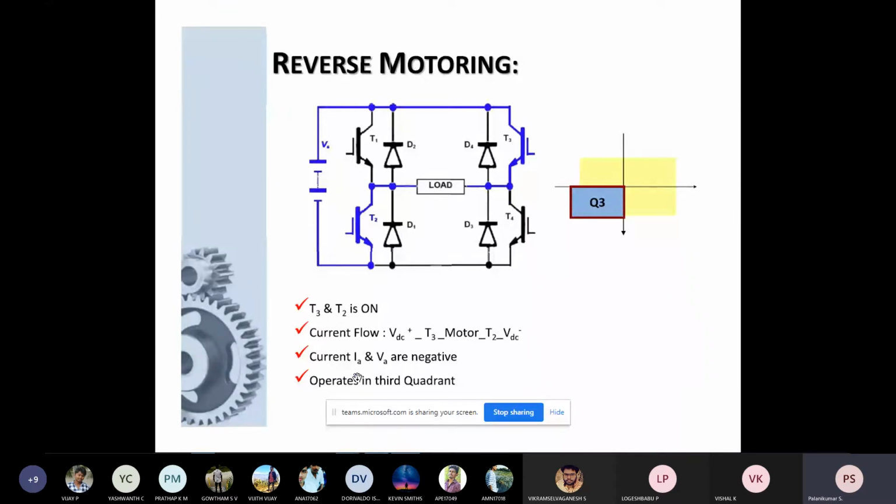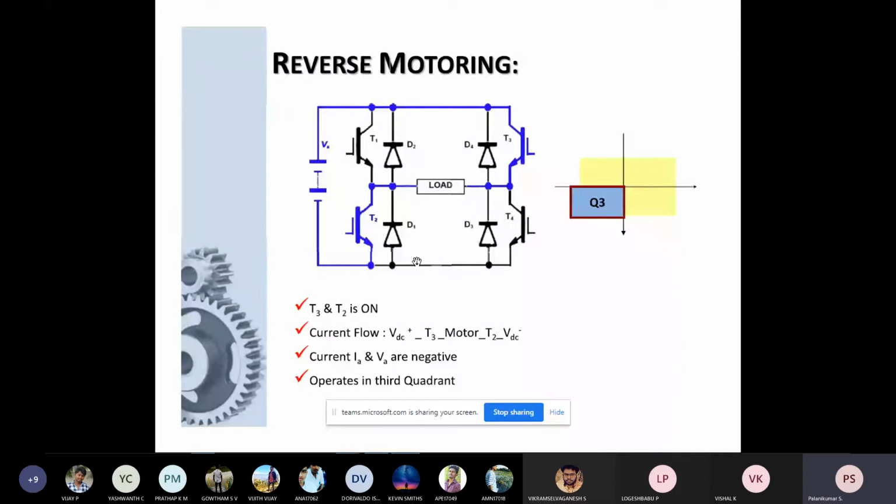Here both current IA and voltage VA are negative. That is why it is in the third quadrant, where both axes are negative, voltage and current. So T3 and T2 are on.